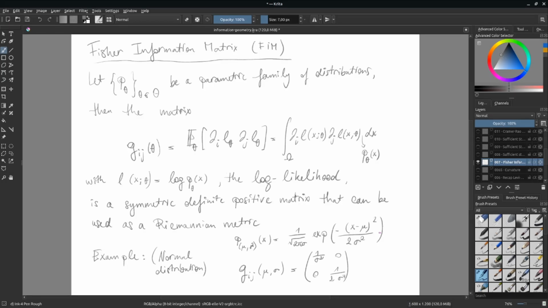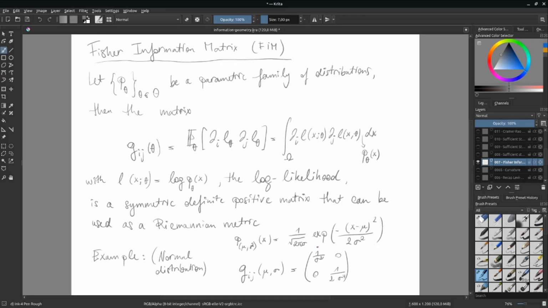So we know the value of that. Then if you do the computation, which is not so easy, but trust me on this, this matrix G_ij, or the metric, is going to be a diagonal matrix with 1 over sigma squared for mu, so the mean, and 1 over 2 sigma to the fourth for the variance.